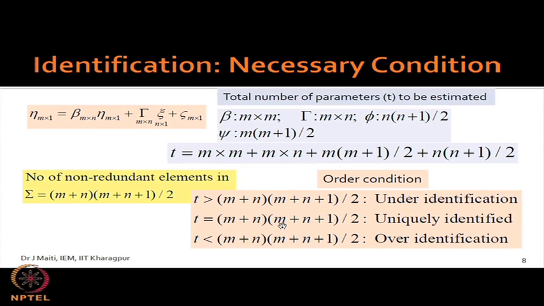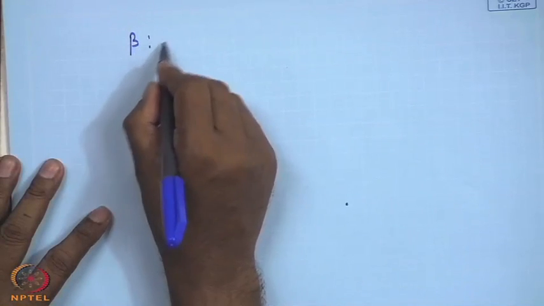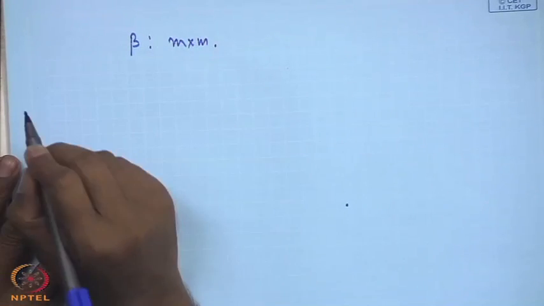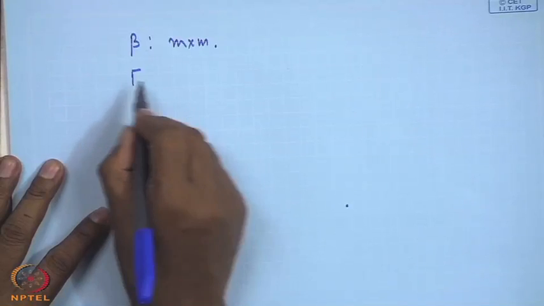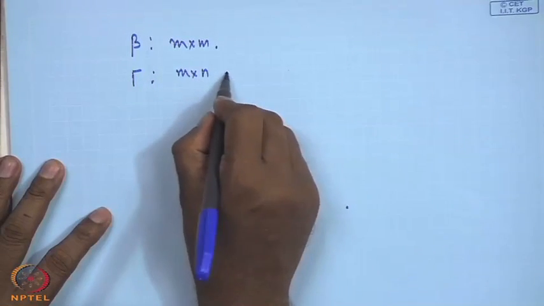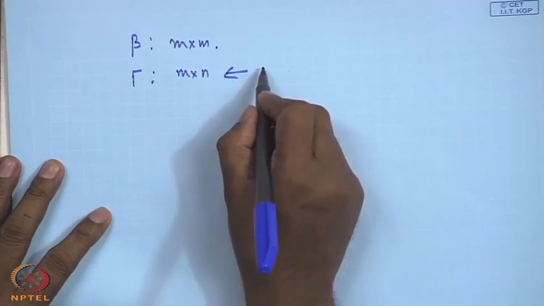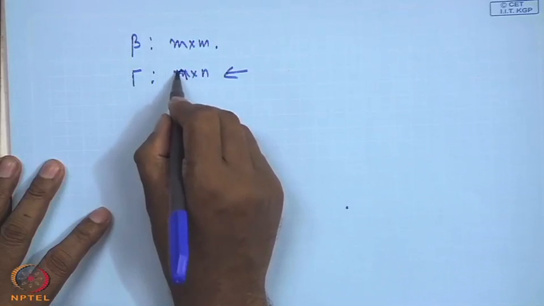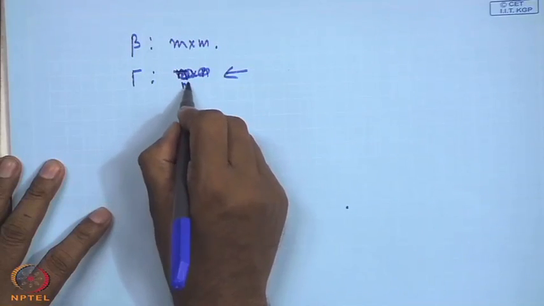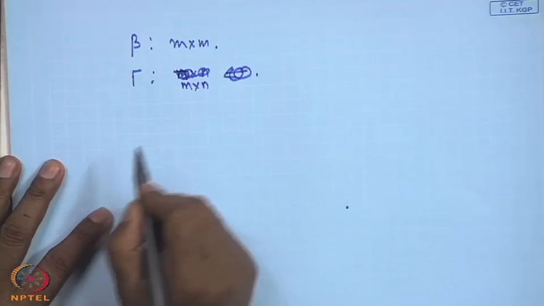Now, what you require to do is find out the number of parameters to be estimated. Okay. So, one is beta: in case of beta, m cross m parameters are to be estimated. In case of gamma, that is m cross n, absolutely no problem.